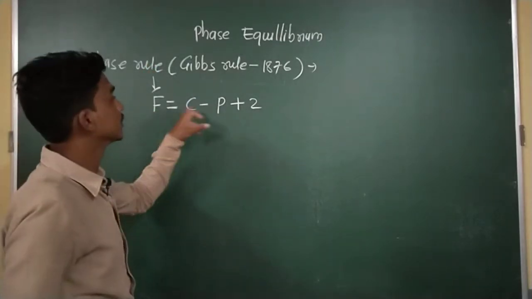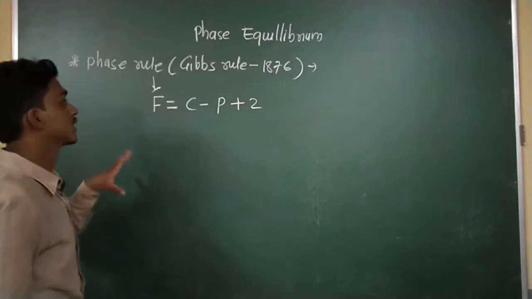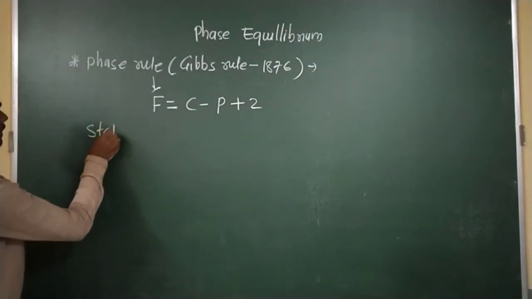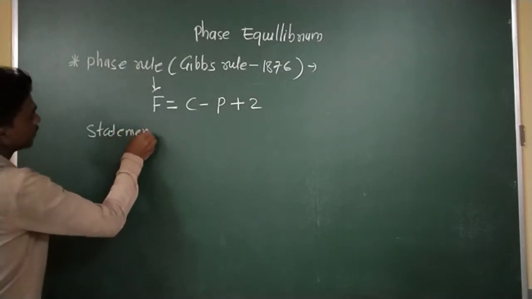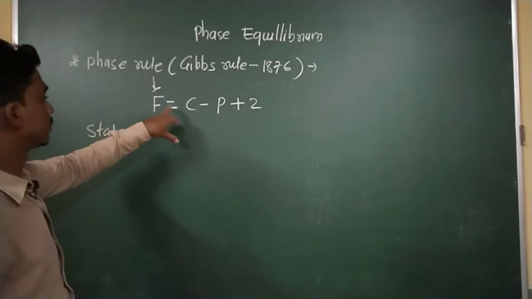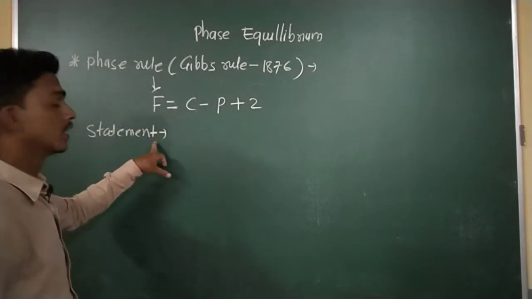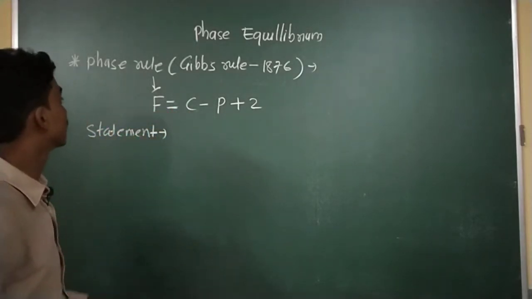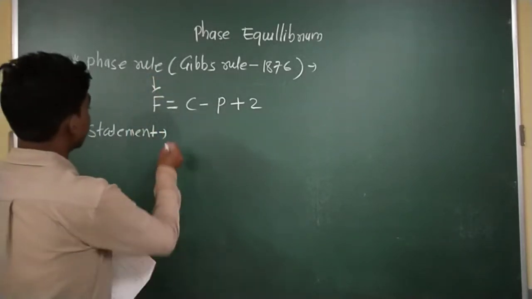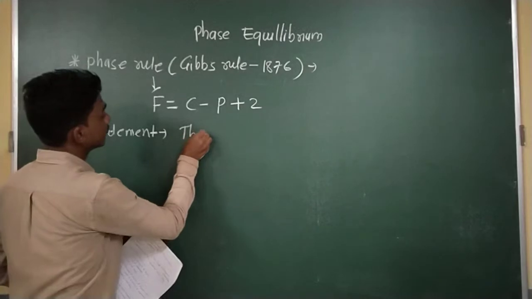By using this equation, we can write the statement of the rule. The statement is also very important, but on the basis of this equation we can easily write it. F is the number of degrees of freedom.